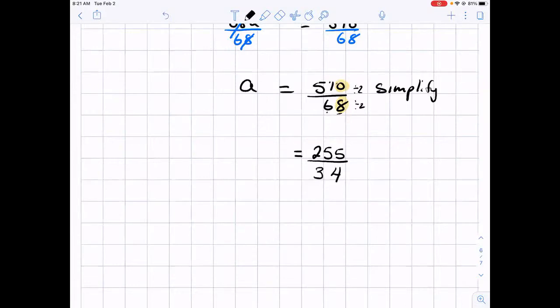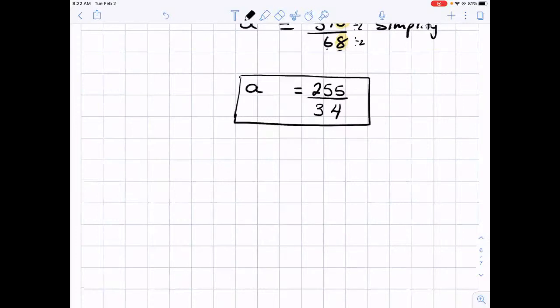So we have 255 over 34. And I don't think that can be simplified anymore, so we'll leave it as that. So final answer, a is equal to 255 divided by 34.